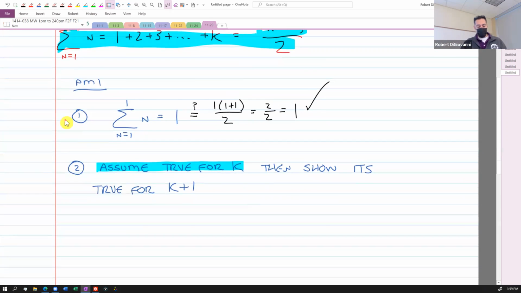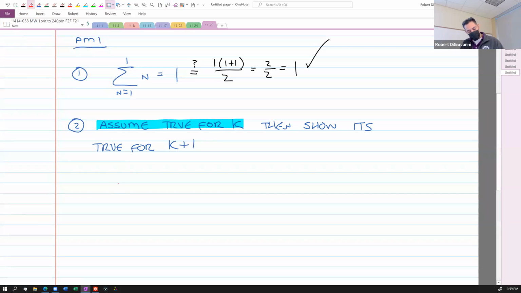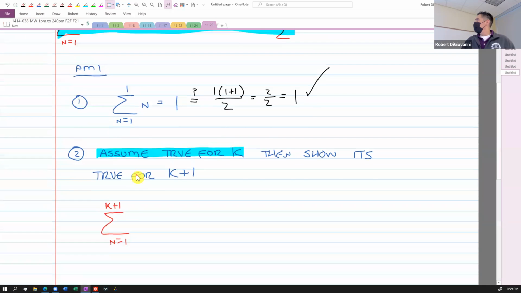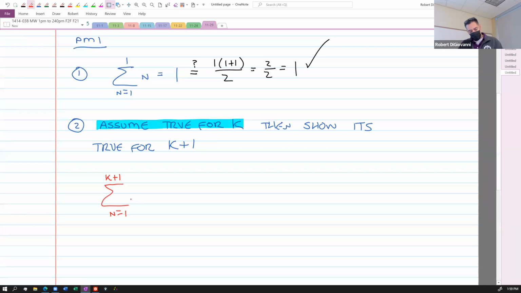So what is the sum n equals 1 to k plus 1 of n look like? Well, I'm going to go 1 plus 2 plus 3. How far do I go? To k plus 1, right? All the way. Now watch, I'm going to write this k, and then k plus 1 is out here, right?